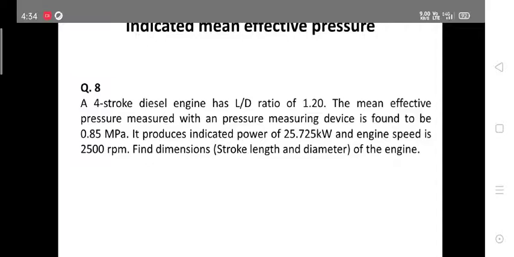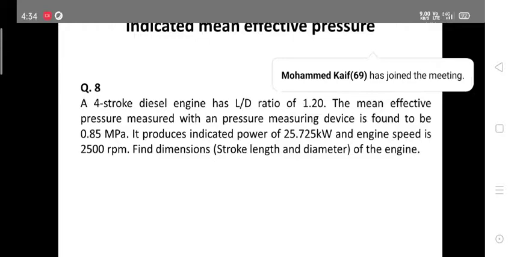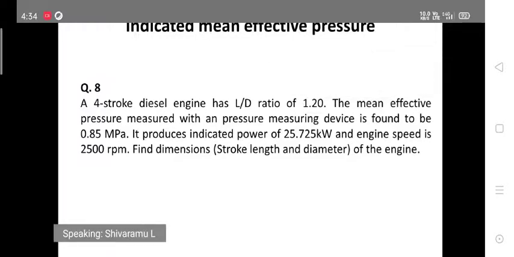The mean effective pressure measured with a pressure measuring device is found to be 0.85 MPa. Earlier they used to give it in bar, but now they have given it in MPa, megapascal.